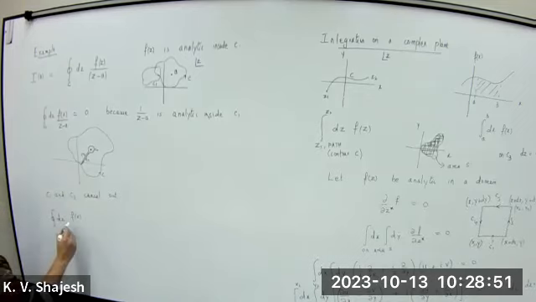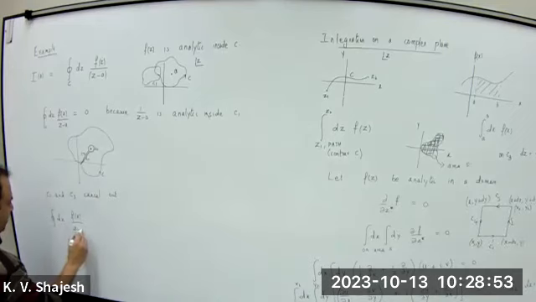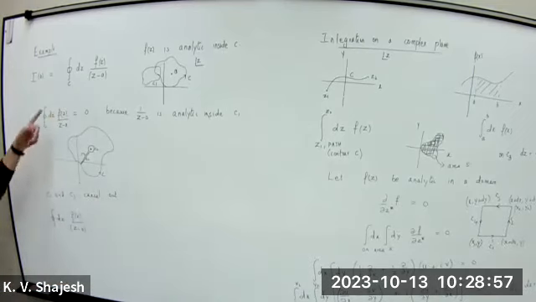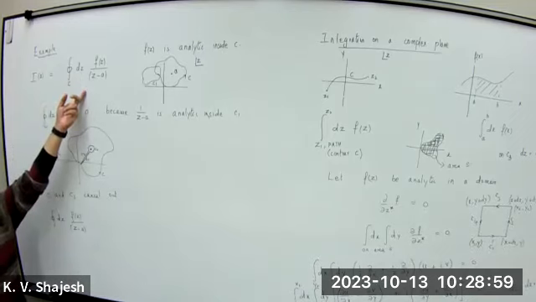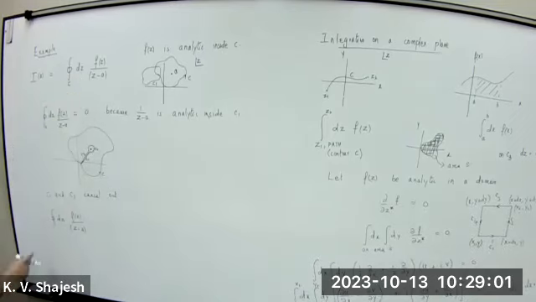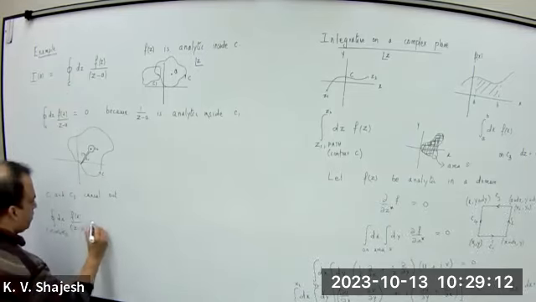So notice what I'm doing. I'm interested in f of z over z minus a, but I'm not going to do those contours. I'm going to change the integral completely. I say I do the integral over C plus C1 plus C2 plus C3. And what is that equal to?